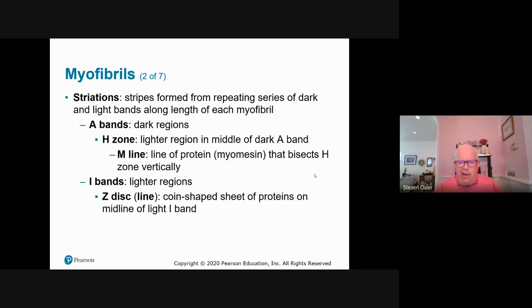It is a coin-shaped sheet of proteins in the middle of the I band. So I want you to know from this slide striations, A bands, I bands, and Z discs. I'm not going to ask any questions on H zone or M line.